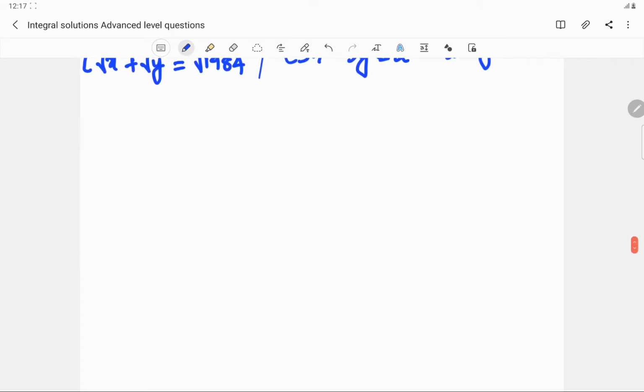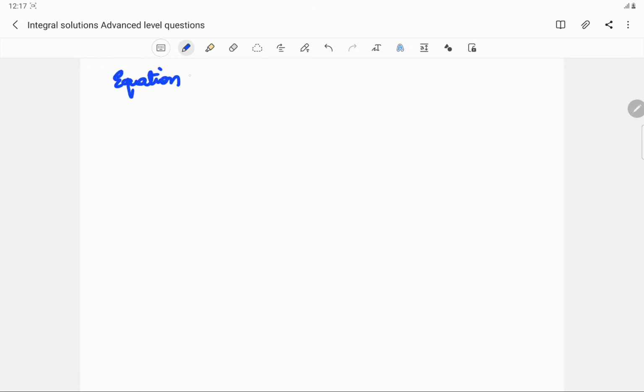Now let me put a generic equation of the form ax plus by equals k.